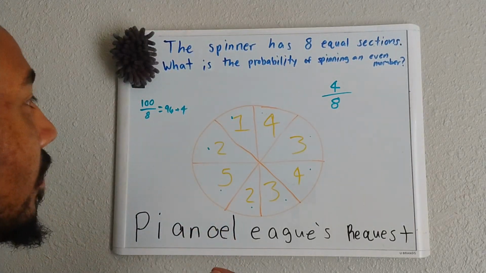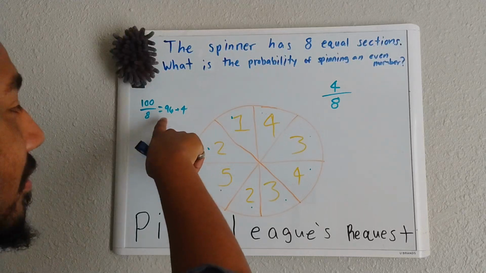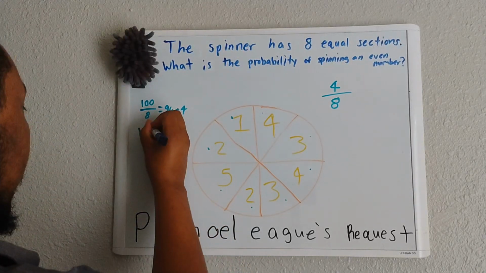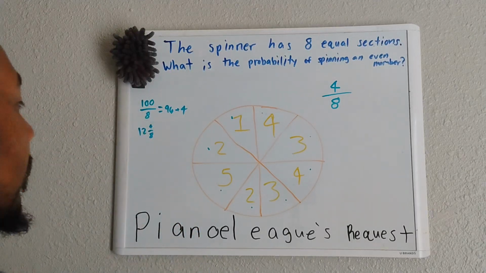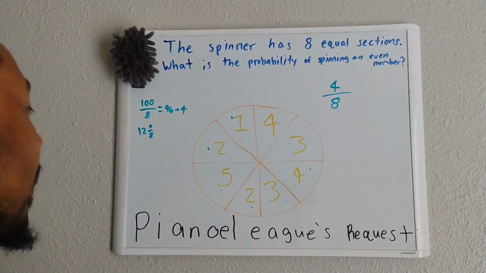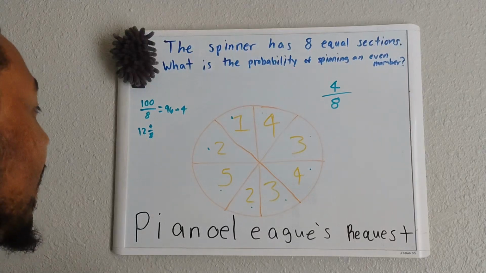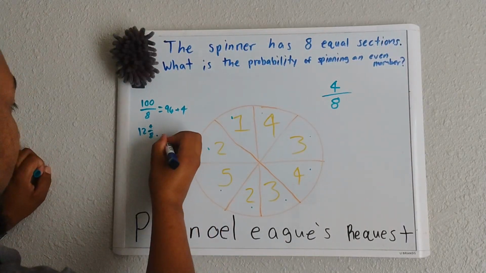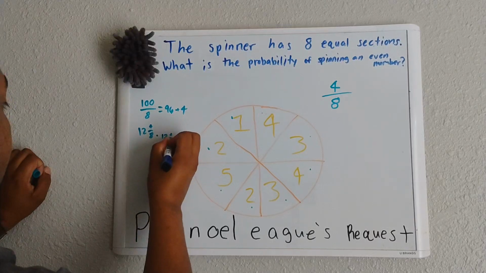So 8 goes into 100 12 times, and the remainder is 4 over 8.